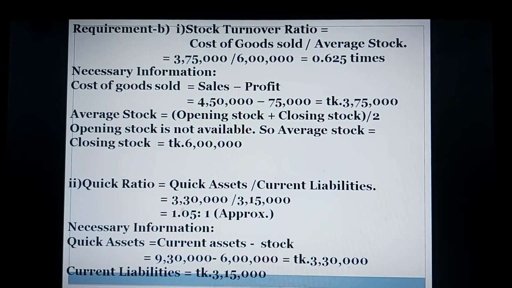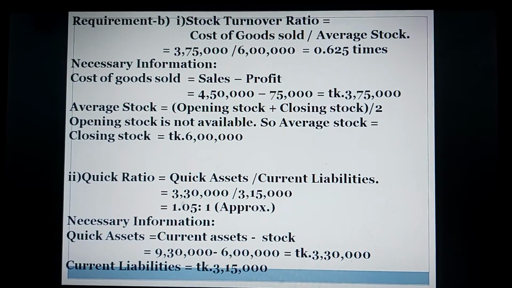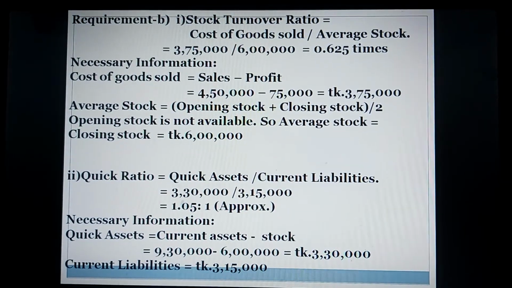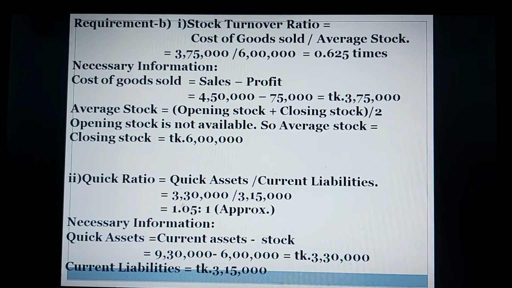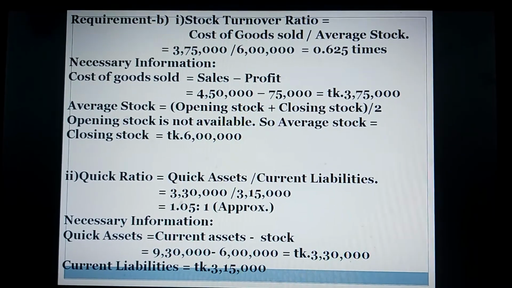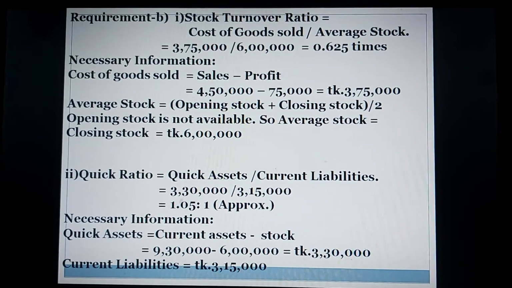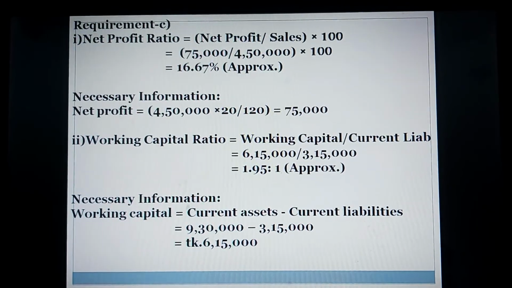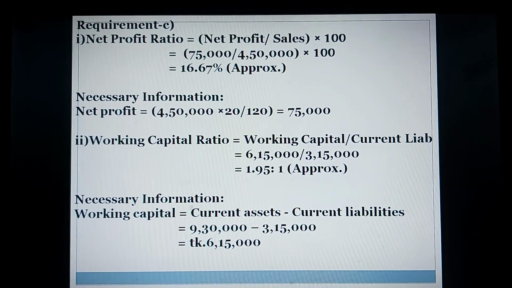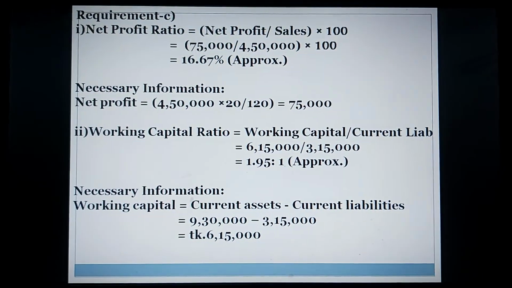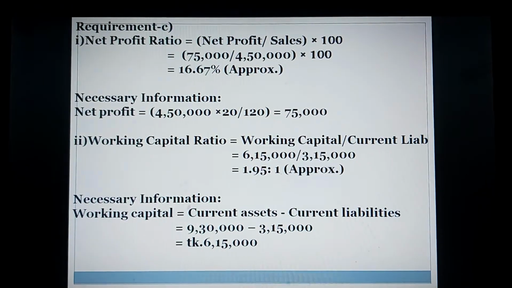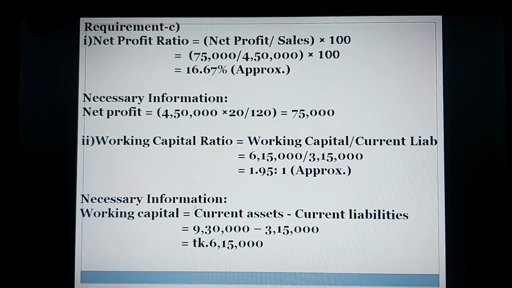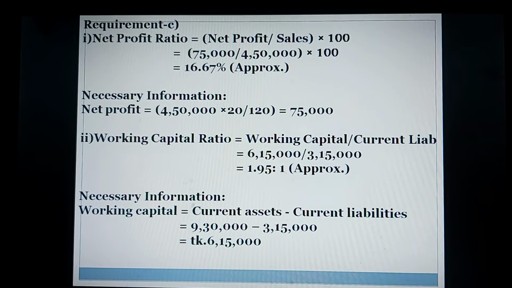This formula is cost of goods sold divided by average stock. Third one, quick ratio or liquid ratio or acid test ratio is equal to quick assets or liquid assets divided by current liabilities. Number 4, net profit ratio. That is the formula net profit divided by net sales into 100. Number 5, working capital ratio. That is the formula working capital divided by current liabilities.